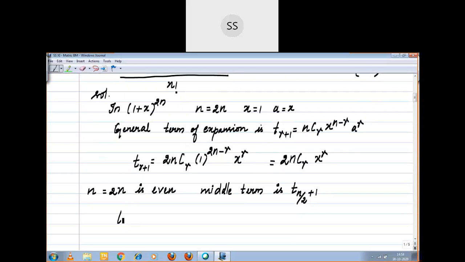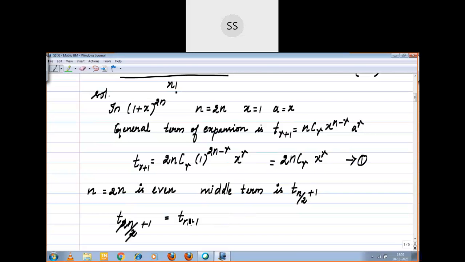Now here n is what? 2n. So T 2n divided by 2 plus 1. Now this is equal to T n plus 1. Now what is your r here? You have to relate these two. r equal to n, right?